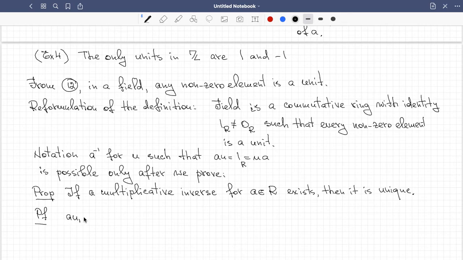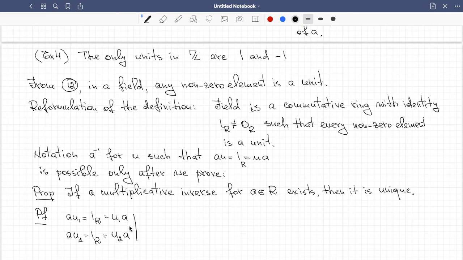A u1 is the identity 1R, and this is u1 A, and at the same time A u2 is the identity, and this is u2 A. We want to prove that u1 is equal to u2, whatever u1 and u2 are, that there is no more than one element. If somebody comes with another one, it is still the same.